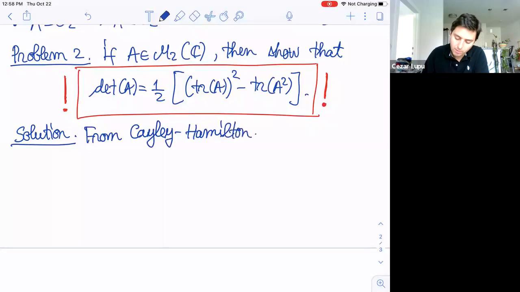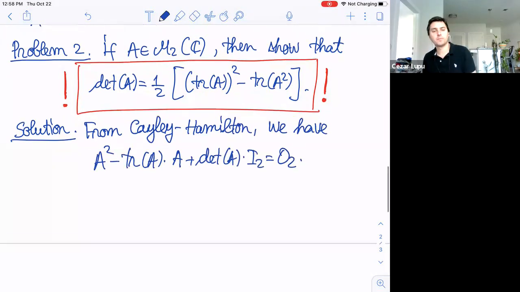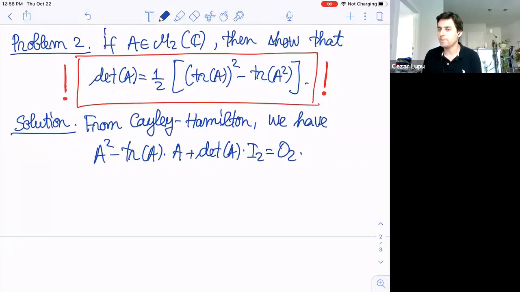So from Cayley-Hamilton, we have, let's see, what do we have? So let's write it. So we have that A squared minus trace of A times A plus the determinant of A times the identity is the null matrix, right? So we have this. And now we would like to do something here. So what can we do? What would you do here? Since you're trying to write the determinant, we can write this, and let me write it in this way.